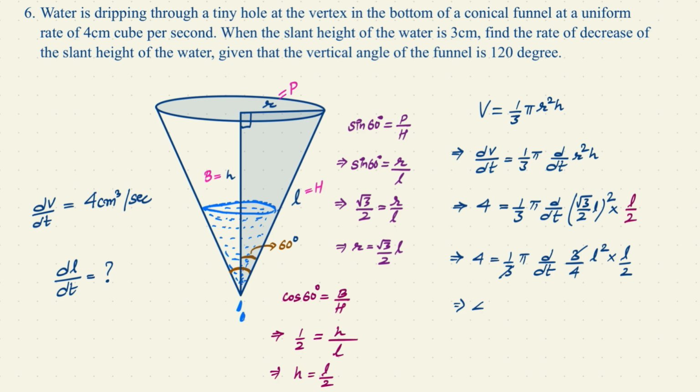Now let us take the constant terms outside the differentiation. Then we will have pi over, in denominator, that is 4 into 2, that is 8, and we will differentiate d dt of L square into L, which is L cube. This implies 4 equals pi over 8 into d dt of L cube is 3L square into dl over dt using the chain rule.